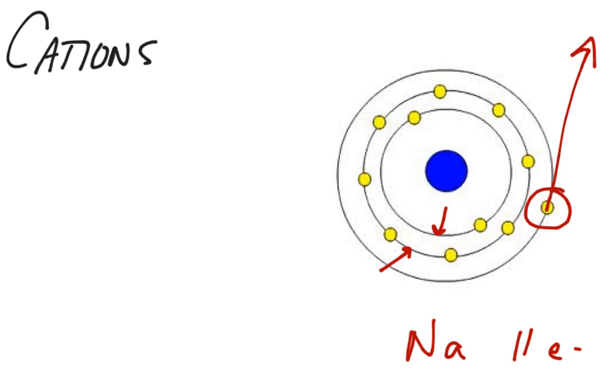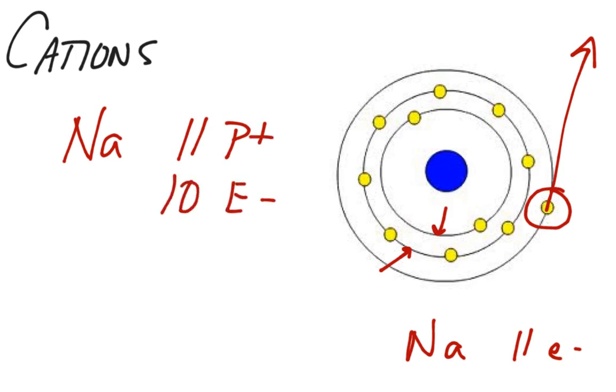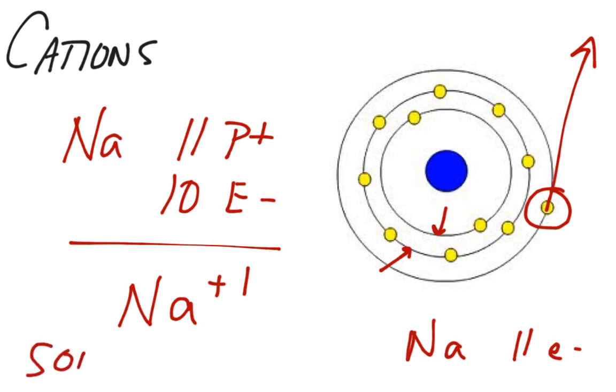The result, though, is that sodium will have 11 protons and only 10 electrons. Because the 10 electrons are not enough to balance out the charge, sodium will take an overall charge of +1. And this is what we call a cation. To name a cation, you simply name it according to what the element is. So this is just going to be the sodium ion.